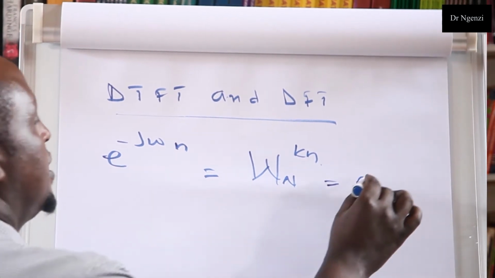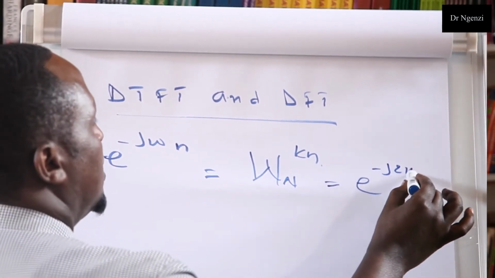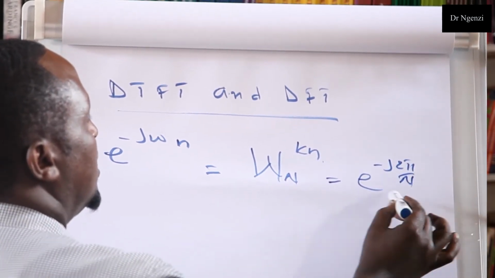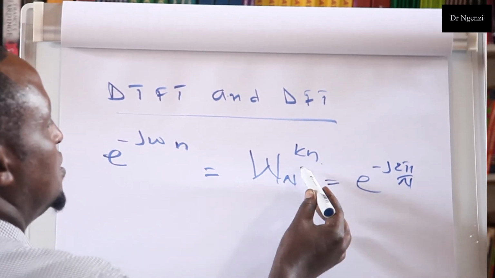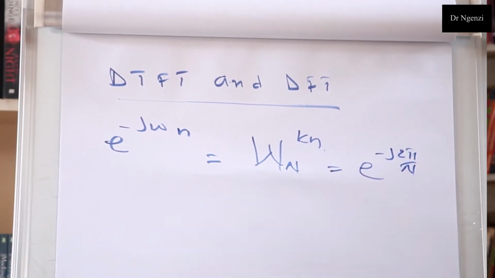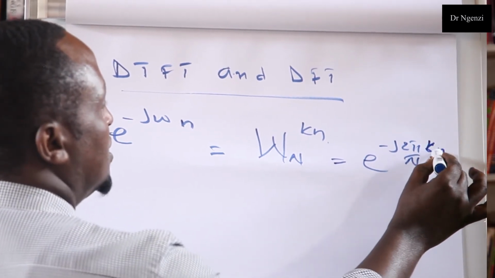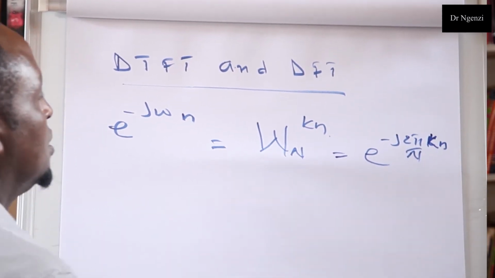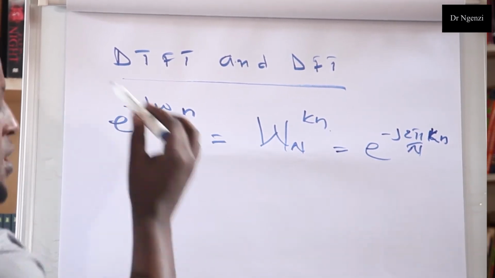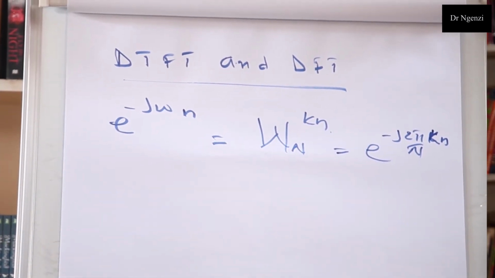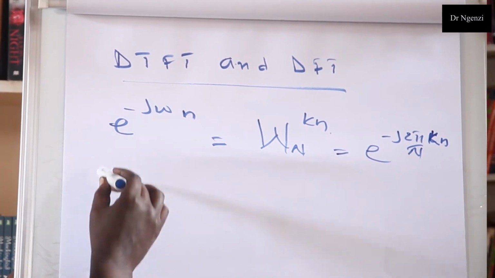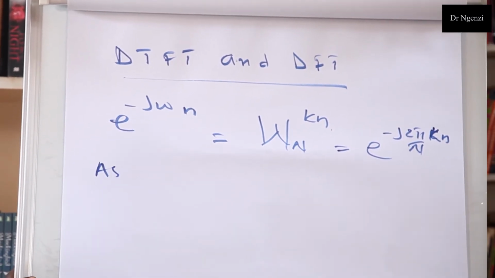That one is very common. So we can conclude that omega is going to be 2πk over n. This one also is very common. So why are we elaborating this one? It is going to help us during our calculation.